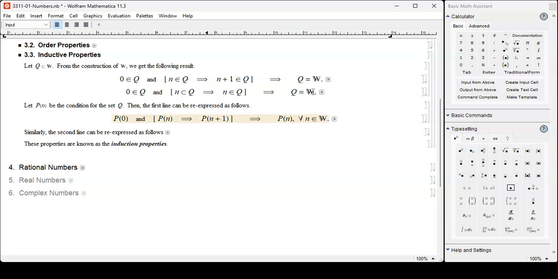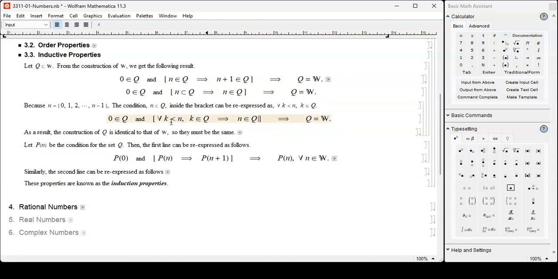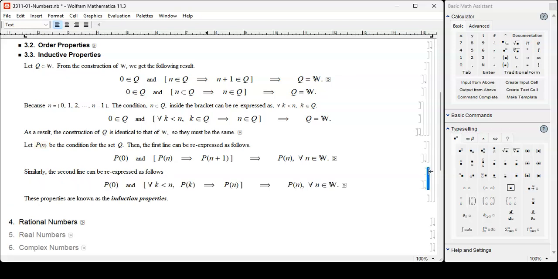Now, how about the second? This one, N is a subset of Q, as a matter of fact, can be rewritten like this. K belongs to Q for all whole numbers less than N. And then you can set P of N as the condition for set Q, or equivalently, Q is a truth set of this predicate.